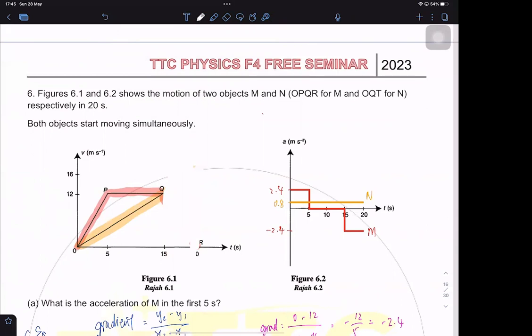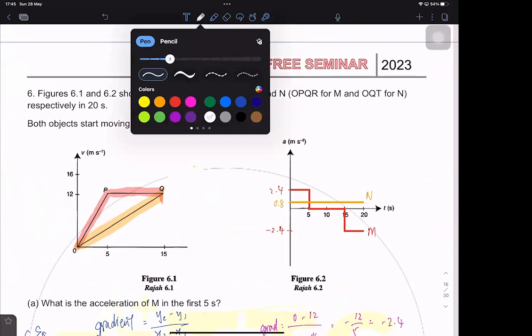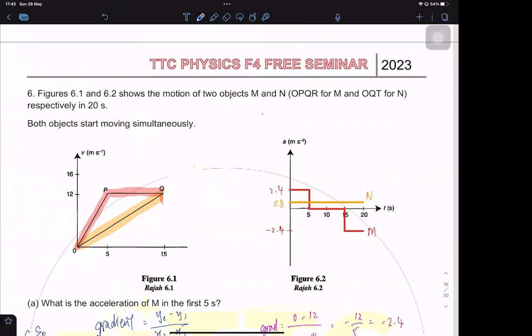But at 15 seconds, what do you think? Is Malaysia in front of Norway, or Norway in front of Malaysia, or are they both side by side? I let you guess first, then I review the answer. Which one do you think?